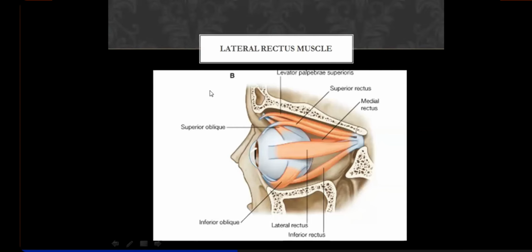All the four muscles will approach toward the limbus to get inserted. So the furthest away from the limbus will be superior rectus, then lateral rectus, then inferior rectus, and then the medial rectus. So the medial rectus will be more closely inserted towards the limbus, and furthest away from the limbus will be superior rectus.